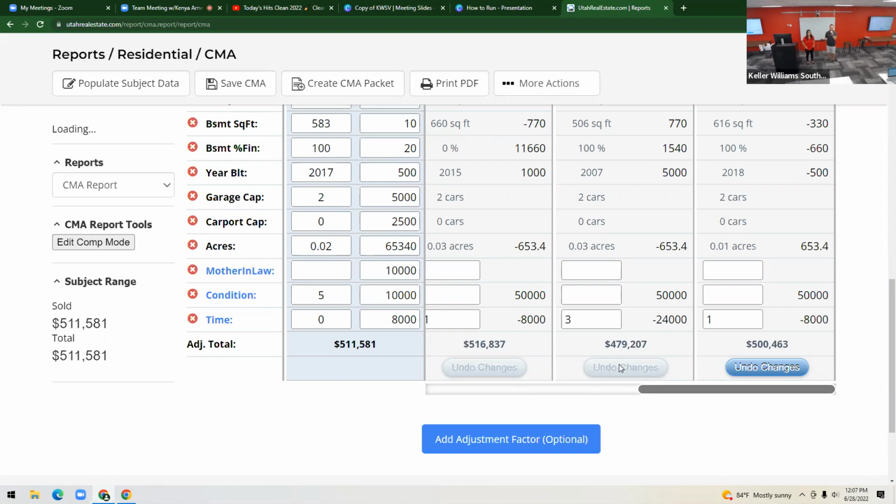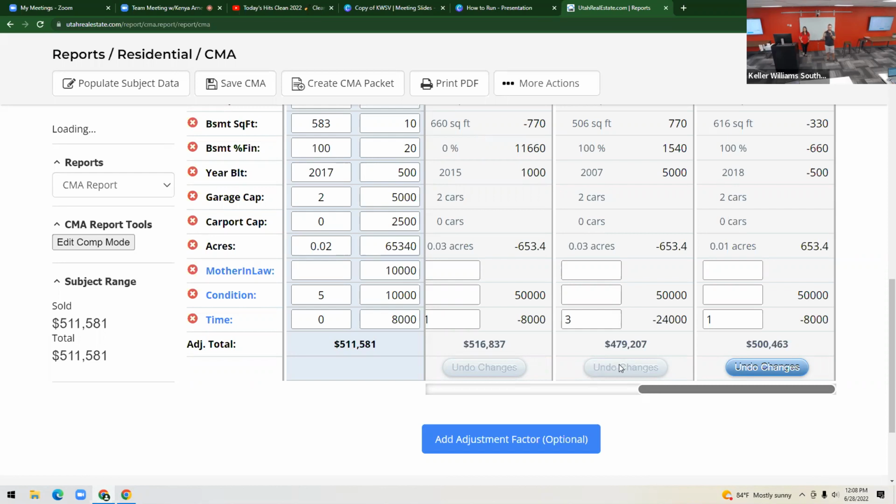Same with bathrooms. If I've got a really nice kitchen and 2 really nice bathrooms versus a basic kitchen and basic bathroom, I might say 10 grand for the kitchen, 5 grand for each of the bathrooms. I'm going to give this comp a negative $20,000 adjustment because it's got a nicer kitchen and 2 nicer bathrooms. I look at each fixture: kitchens, bathrooms, flooring, paint.